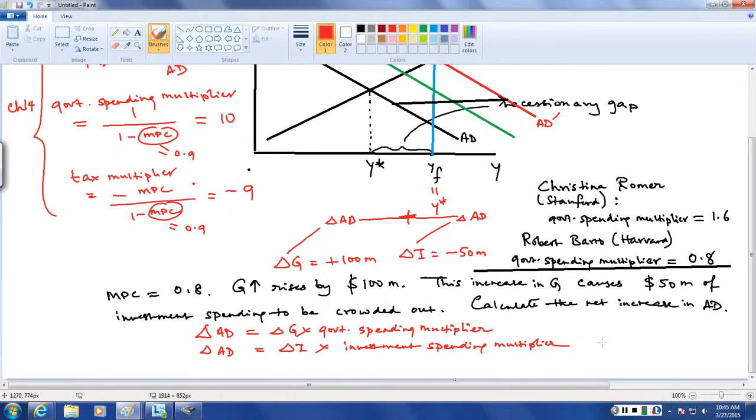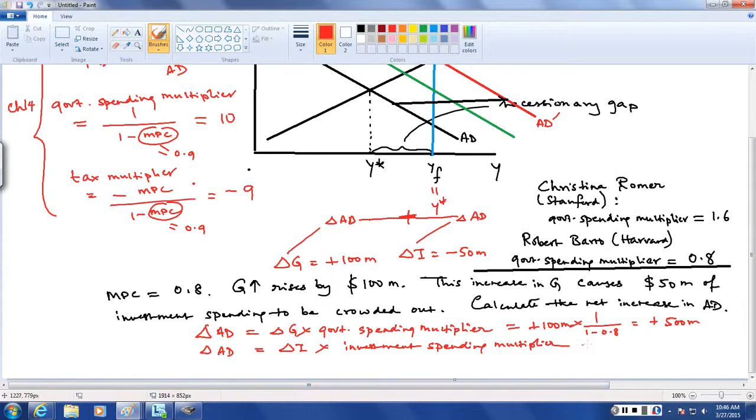Right? So what is this going to be equal to? Plus 100 million times, what's the value of the government spending multiplier? 1 divided by 1 minus 0.8. So this would be plus 500 million, because 1 divided by 0.2 is 5.